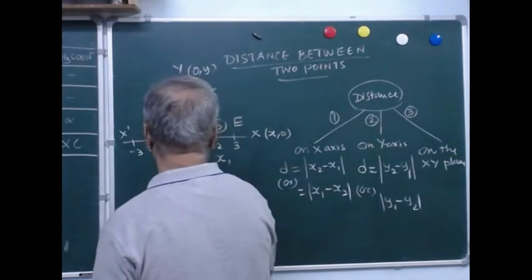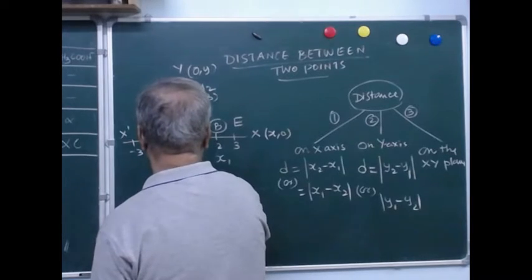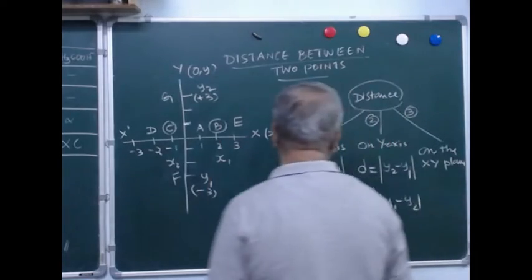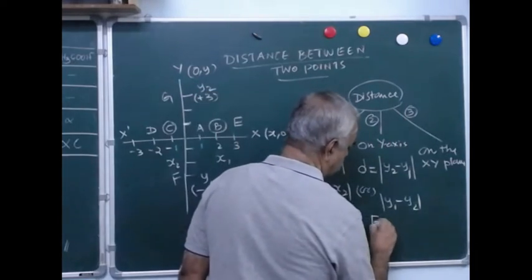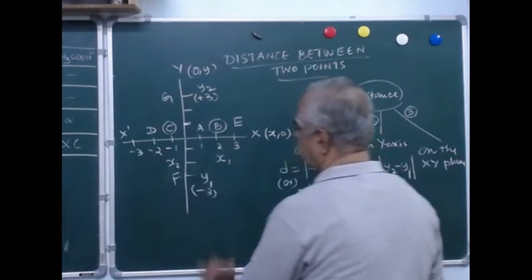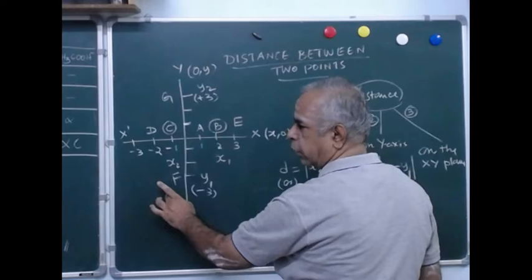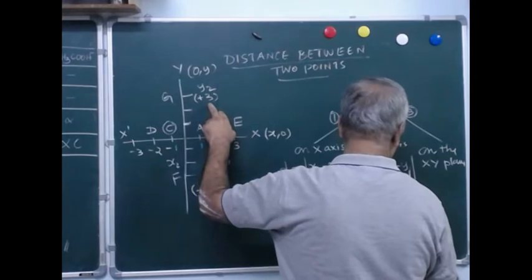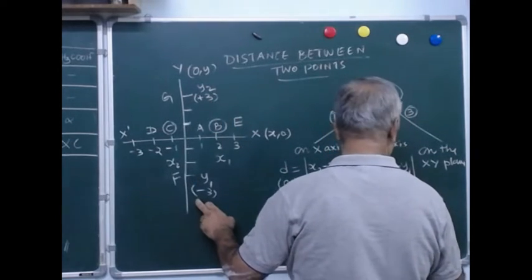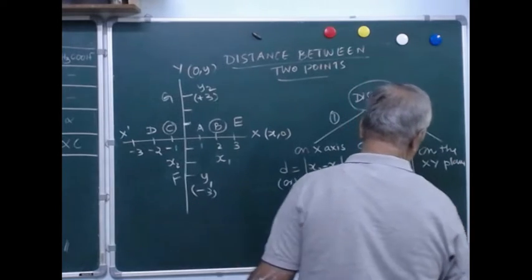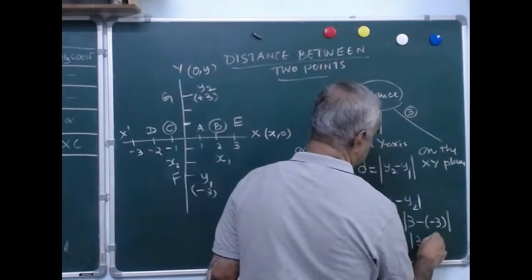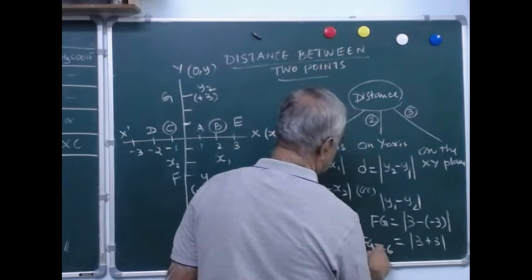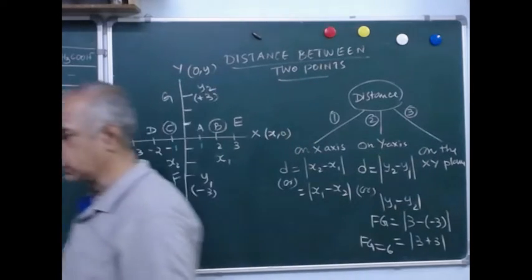Let me mark this point as F and this as G. So FG is equal to y2 minus y1, or y1 minus y2. So 3 minus of minus 3 gives 3 plus 3, which is 6. So the FG distance is 6. Got it? You can ask me now.